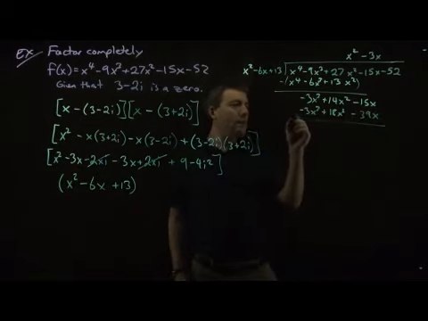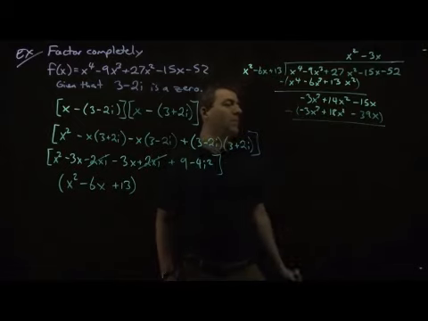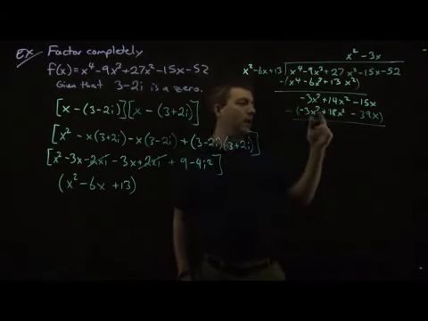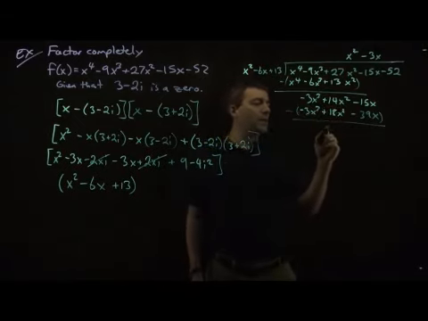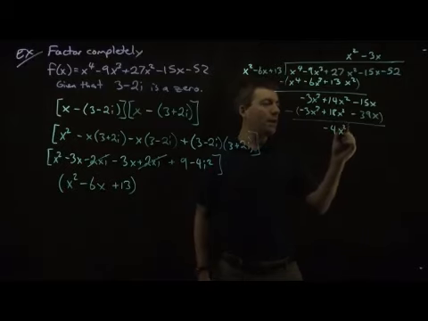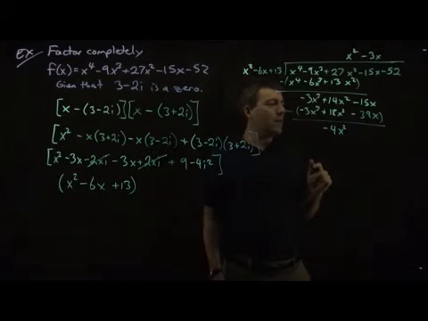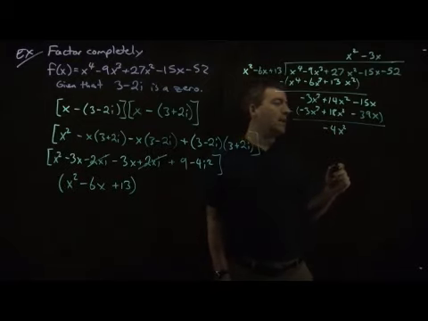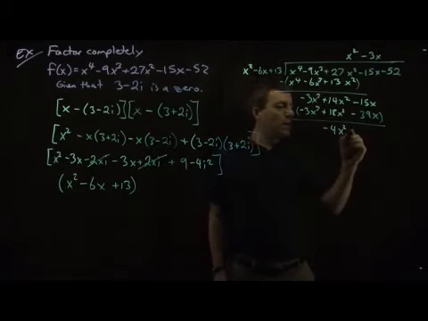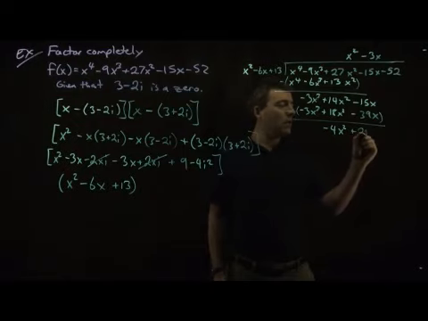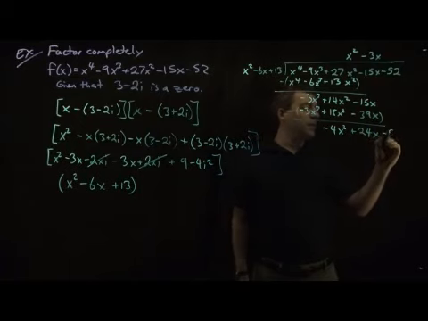And then we subtract. So this is going to go away. We'll take away 18 from 14 and get negative 4x squared, and then we'll add positive 39 to 15 and get 24x. Bring down the minus 52.